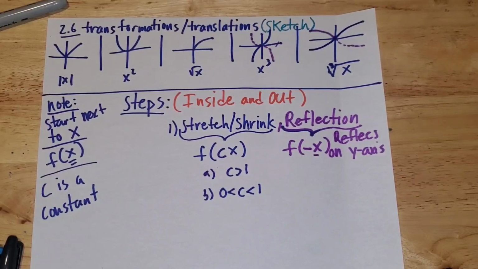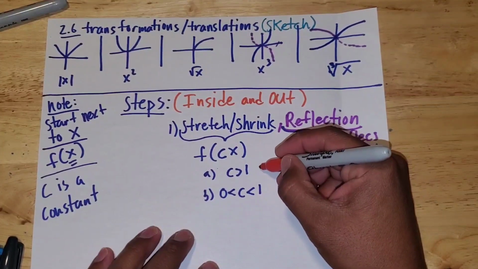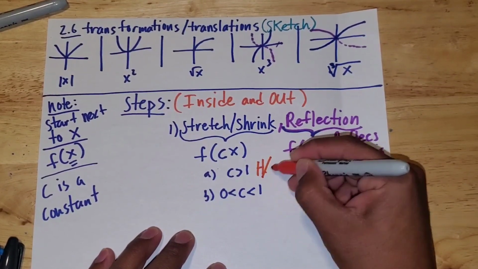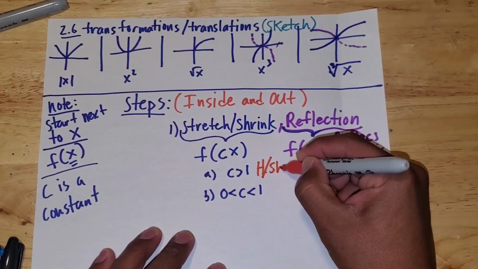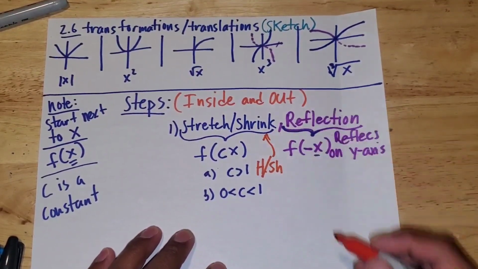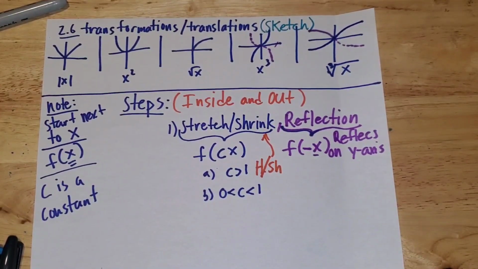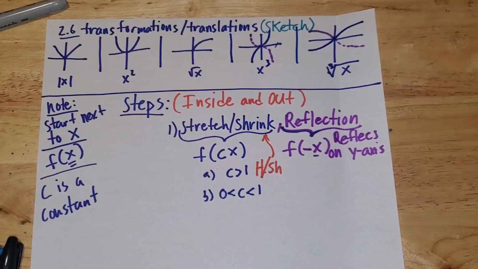But this is what I mean by it works opposite, because this is actually going to do a horizontal shrink. So I'm going to put horizontal, and I'm going to put SH for shrink. Where if you multiply between 0 and 1, so that means if you multiply something by a fraction, you would think the fraction is going to make it smaller.